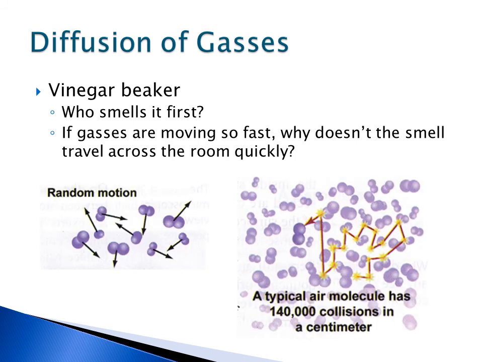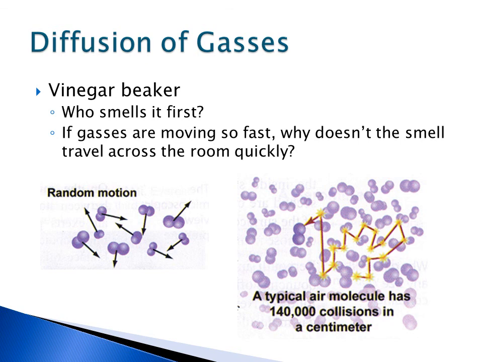The answer is we have too many air molecules in between. In between the vinegar and your nose, there are millions and billions of air particles. And the typical air molecule has to collide 140,000 times in order to move forward a simple centimeter.